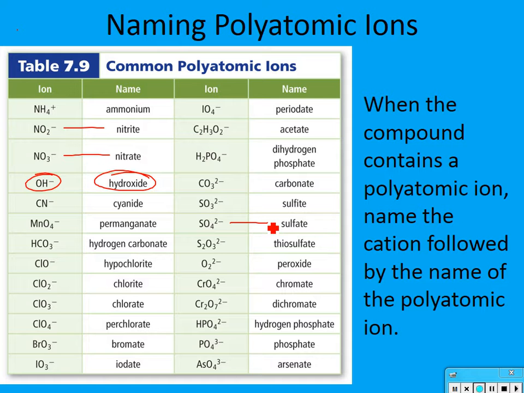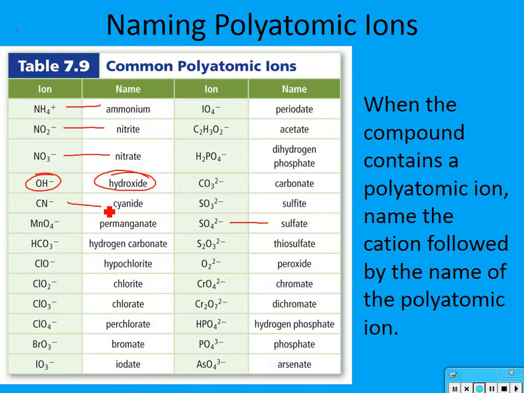There's ammonium, which we talked about quite a bit. Cyanide, CN minus. There are a lot you probably remember, but I've given you a table in case you've forgotten some of them. We might use all of these, so it's a good idea to know what they are.